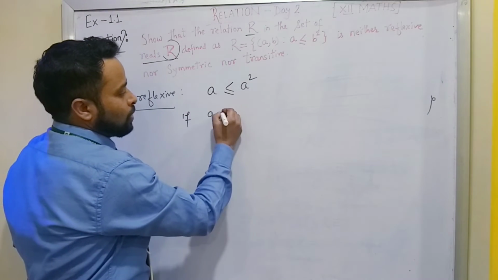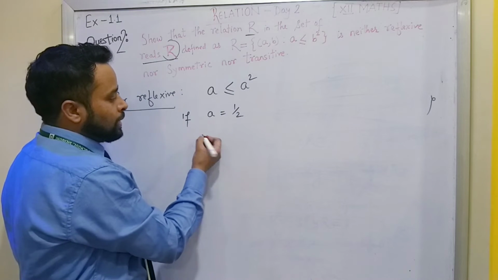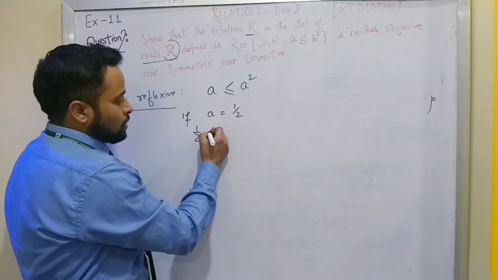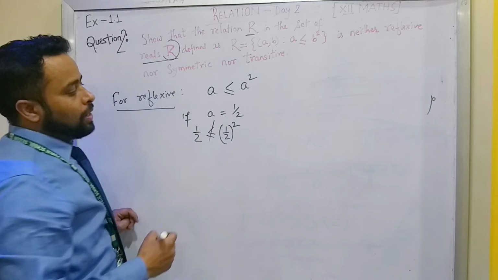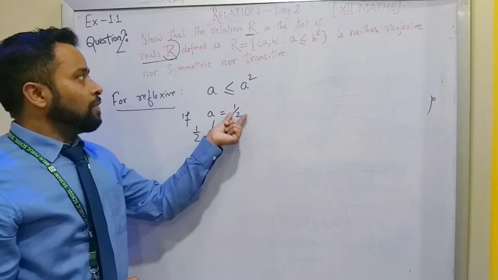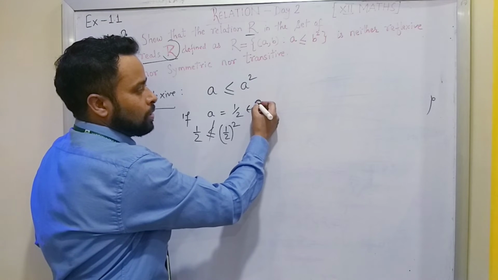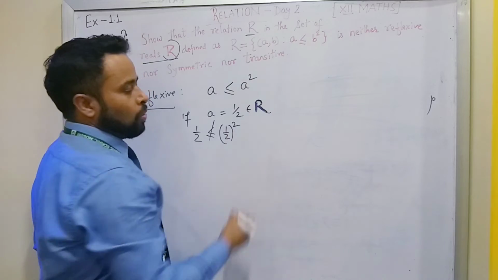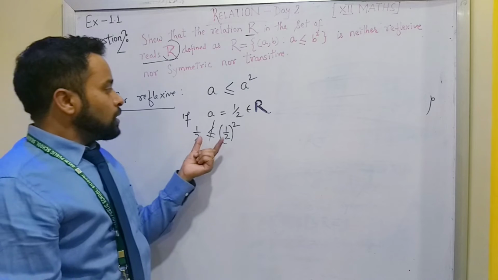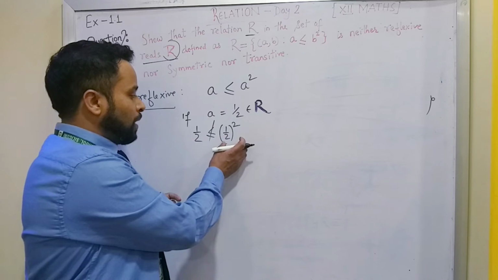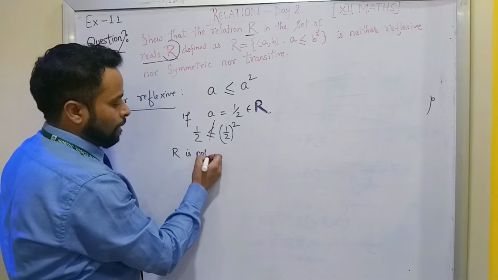If a equals half, a very simple example, then half is not related to half because half is not less than or equal to half square, which is 1 by 4. Bold R means real numbers, and the other R is the relation. So R is not reflexive.